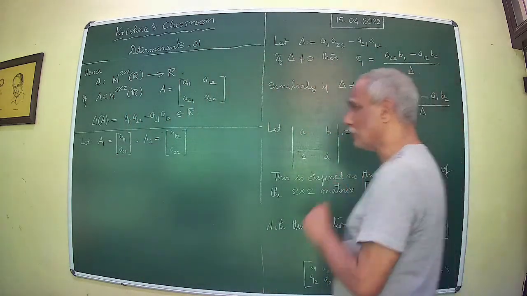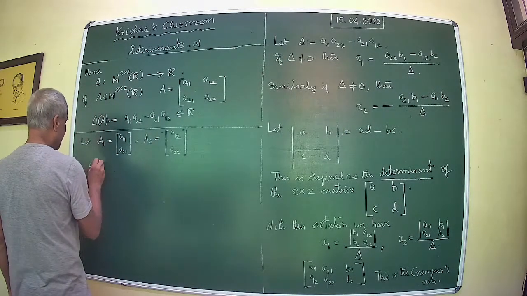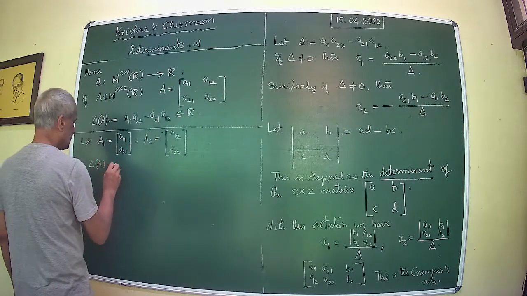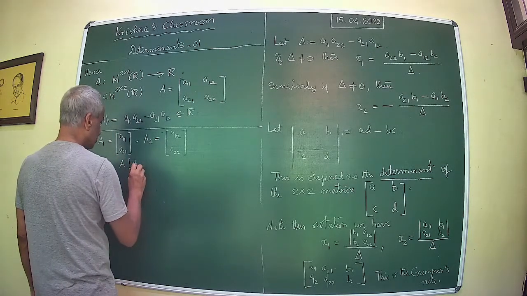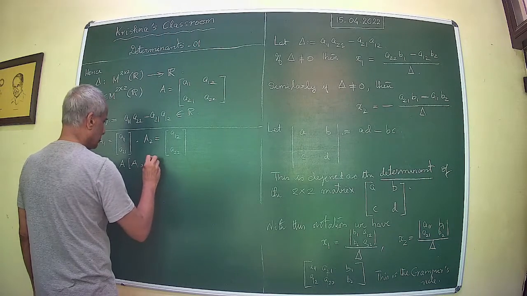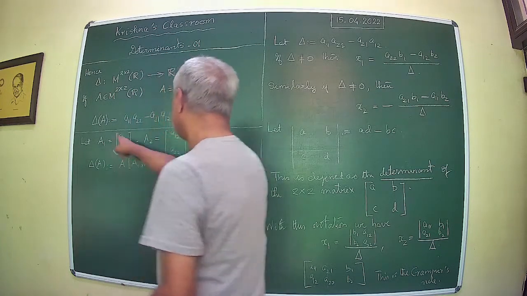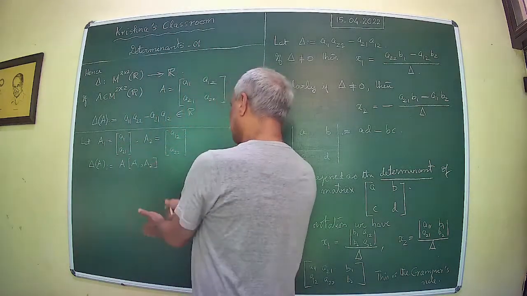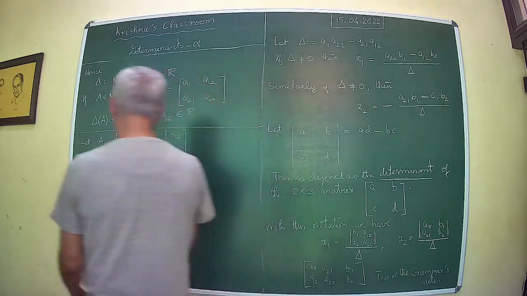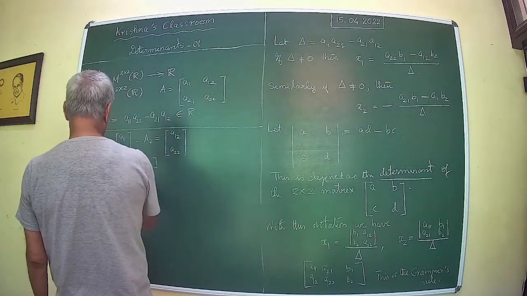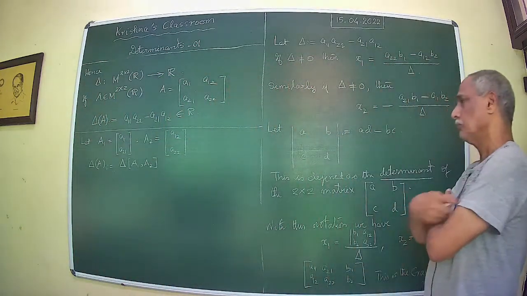Then one thing that you observe is this delta A I can write as delta of A1 A2. That's a new notation, that is putting these things together so that you get a 2 by 2 matrix, and then you are working on this. So this is not A of this but delta of this. Okay.